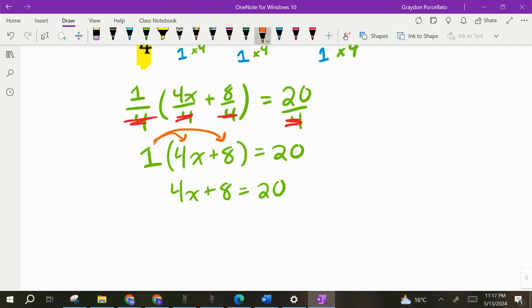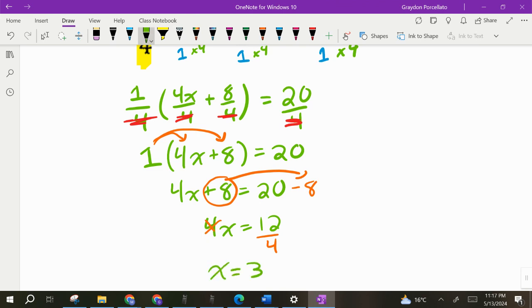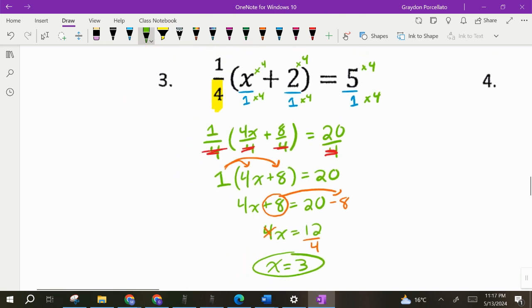I'm going to grab this 8 and I'm going to move it over to the other side where it becomes minus 8. So we get 4x equals 12. And we're then going to divide by 4. That gets rid of the 4. And we get x equals 3. Wow, look at that. Just solved the question involving fractions. Okay.